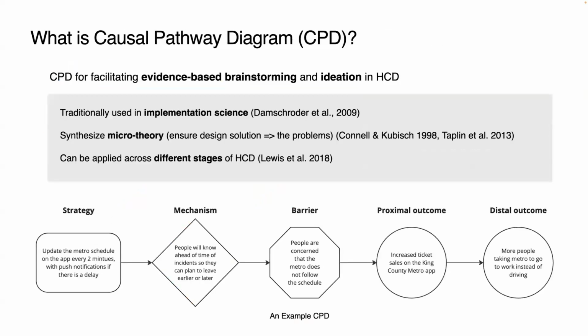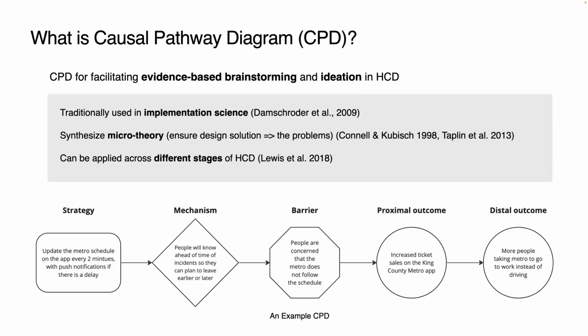To address this, we introduce CPD, that is, the causal pathway diagram. CPD has been used in implementation science, but could be a great tool to facilitate evidence-based ideation. In human-centered design, it's important that we have a good understanding of people so we can design the right solution to address the problem.